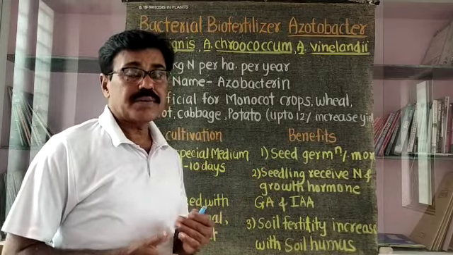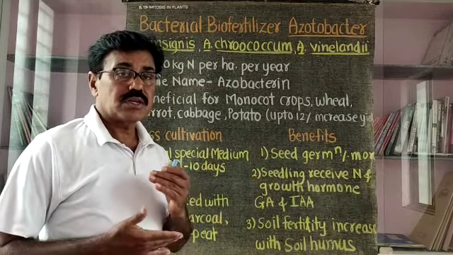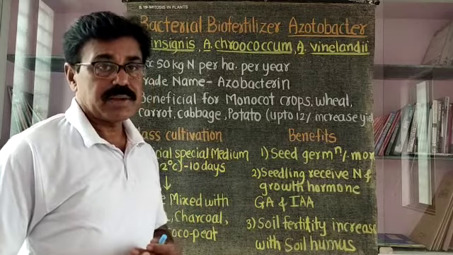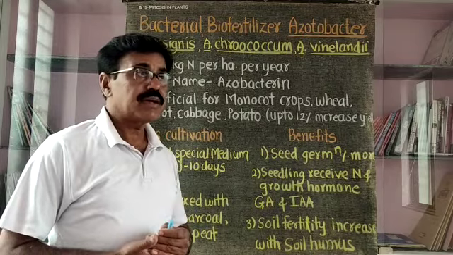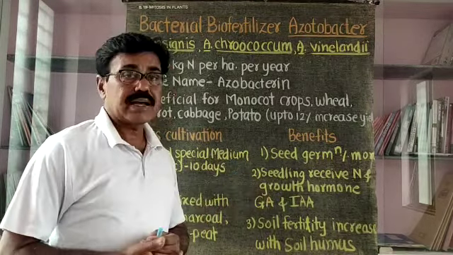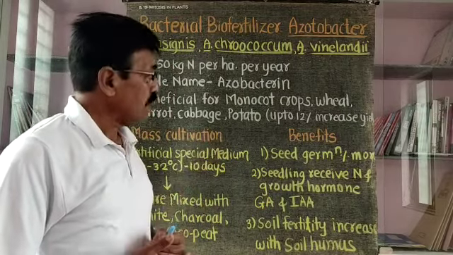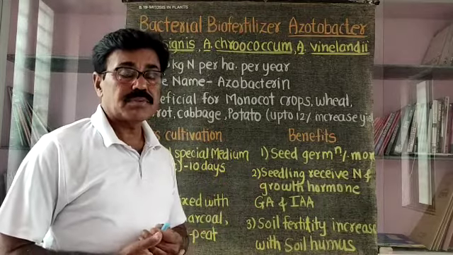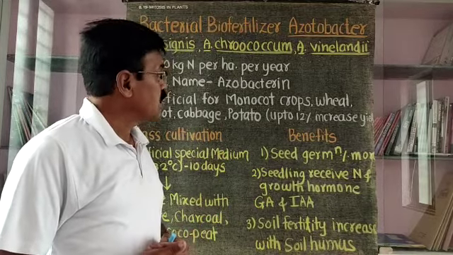This biofertilizer, whether Rhizobium or Azotobacter, saves about 50% chemical fertilizers, and the cost is saved by using nitrogen biofertilizers like Rhizobium and Azotobacter. These are some benefits of Azotobacter, and also of Rhizobium species.